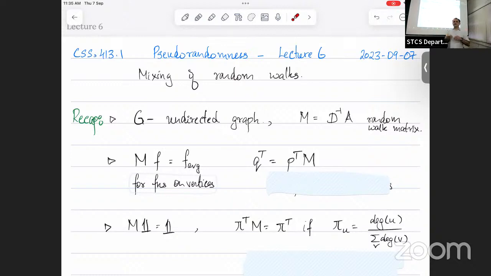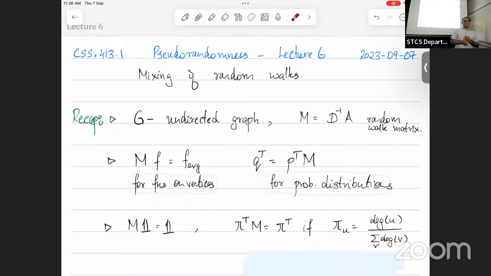It replaces every vertex value by some averaging of what happens nearby. So if you're dealing with things that have the diffusion-like flavor, then you're thinking of M acting on column vectors. Whereas if you think of it as rows, then it's the evolution of the probability distribution after you take one step of the random walk. These two are not quite the same, but they have very similar flavors.